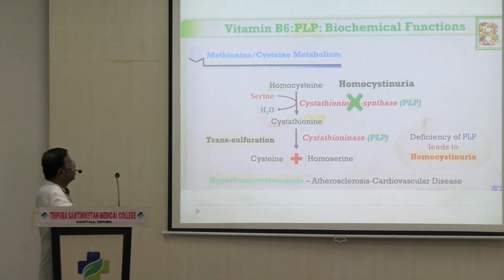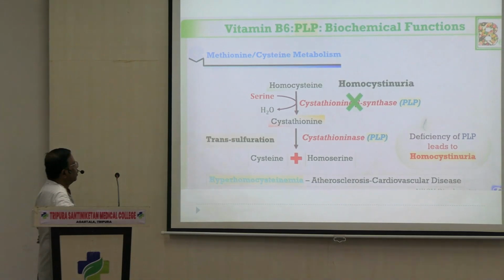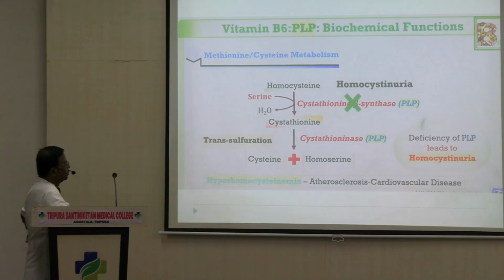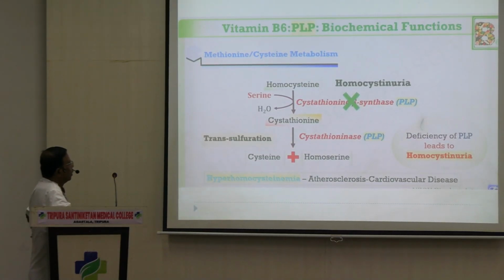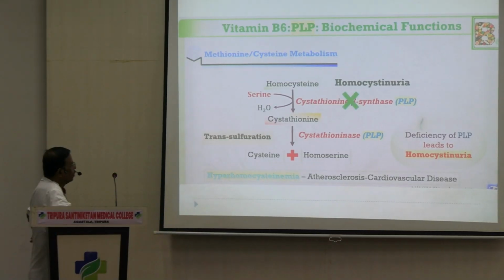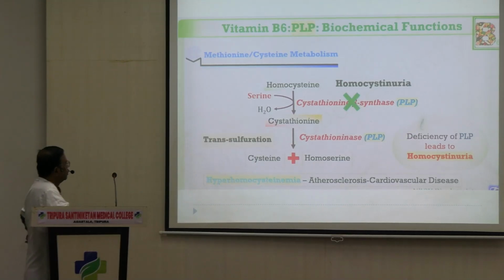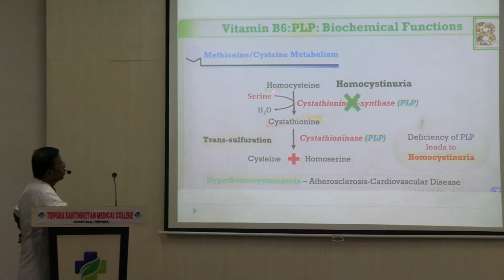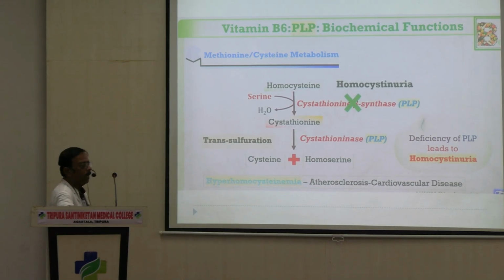In methionine metabolism, this homocysteine is converted into cystathionine by cystathionine synthase, a PLP dependent enzyme. Now, if there is deficient PLP, then this homocysteine increases, and that causes homocysteinuria or homocysteinemia.